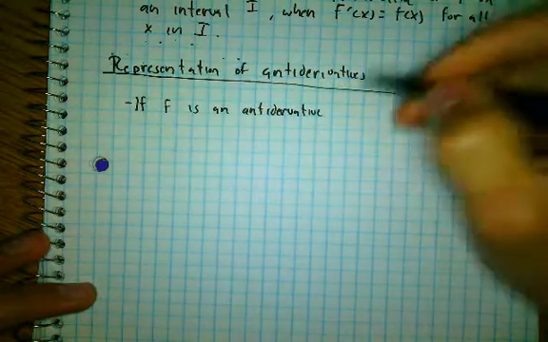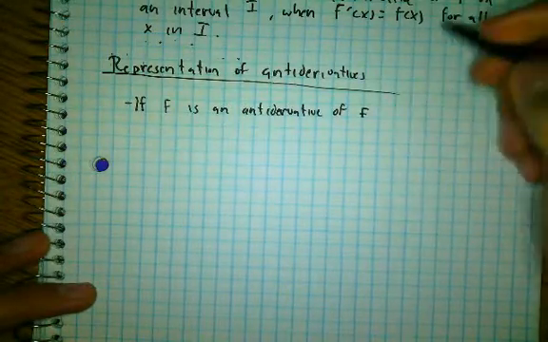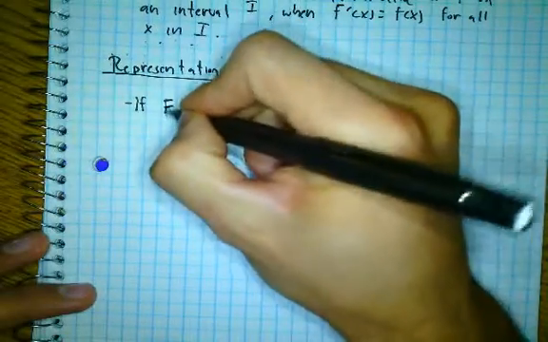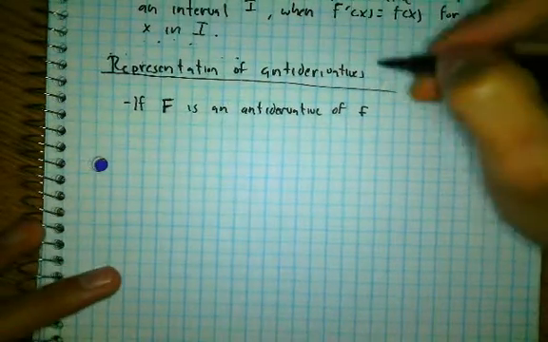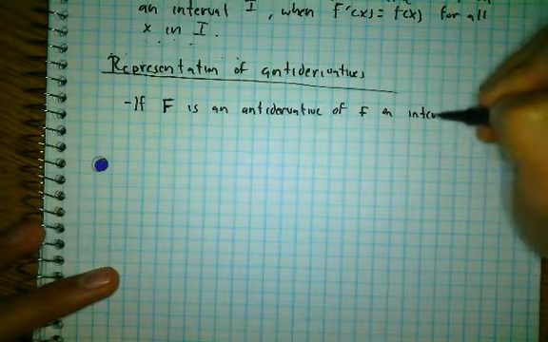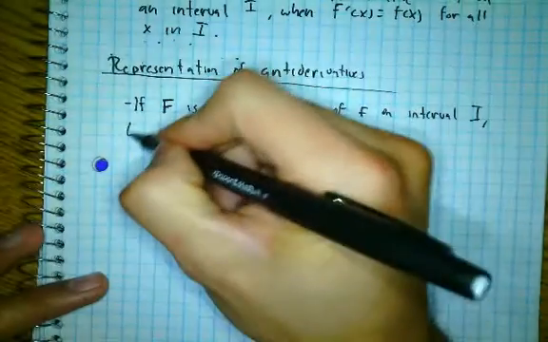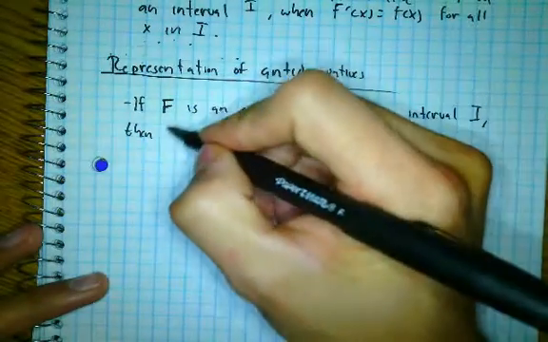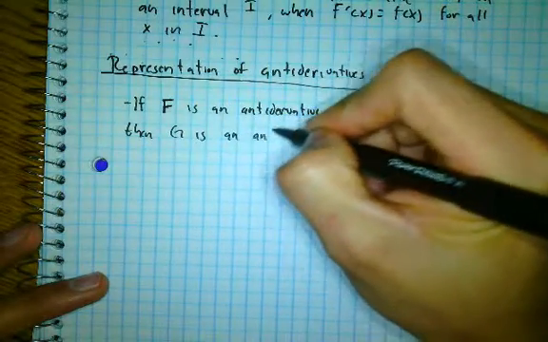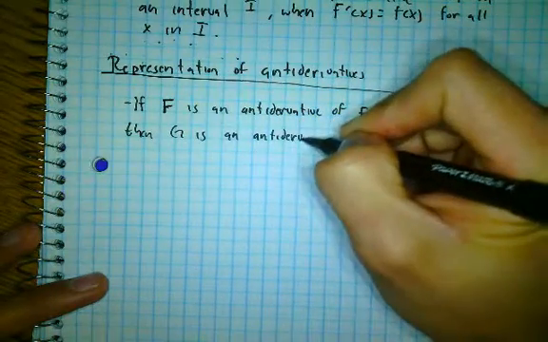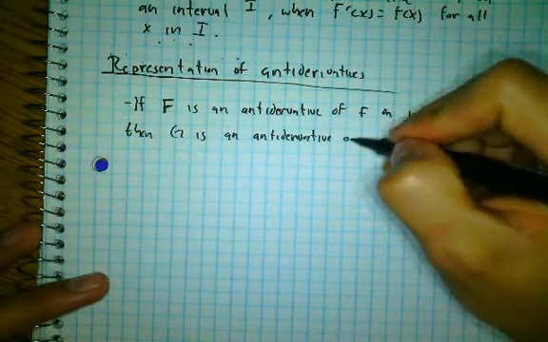If F is an antiderivative of f on an interval I, then G is an antiderivative of f on interval I.